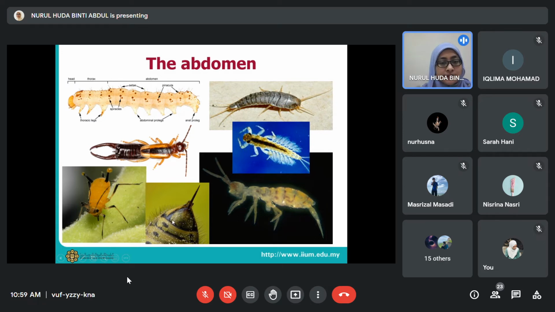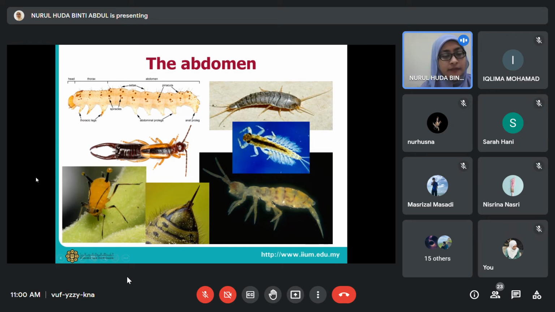And the stinger below looks like a needle, right? This is the stinger in bees and other wasps. And the conical on the body, on the abdomen of aphid. This functions as a place to secrete honeydew.